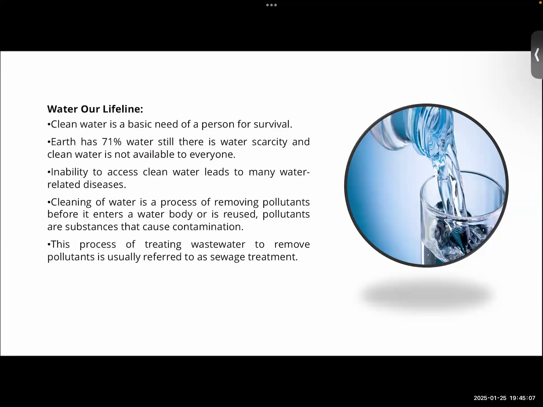Water, our lifeline. Clean water is a basic need of a person for health. Earth has 71% water, still there is water scarcity and clean water is not available to everyone.